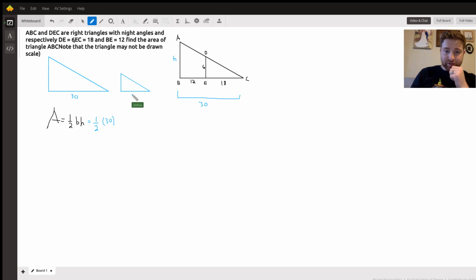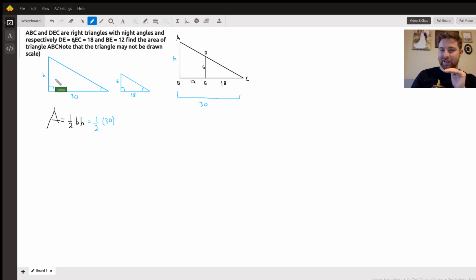The base of the little one is going to be 18. And the height of this is going to be 6. They're both 90 degrees. And since they share the same angle in that little bottom right corner, if we separate them, this angle should be the exact same. And this is h.